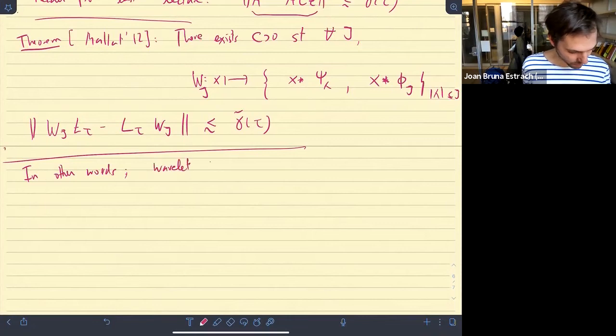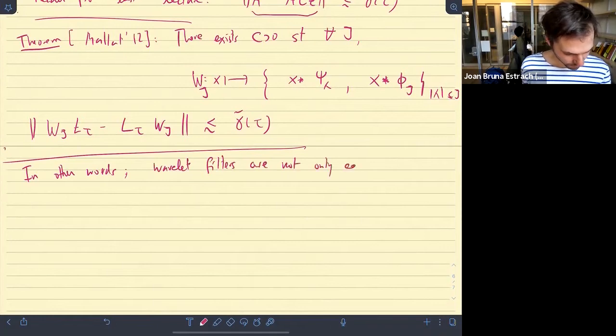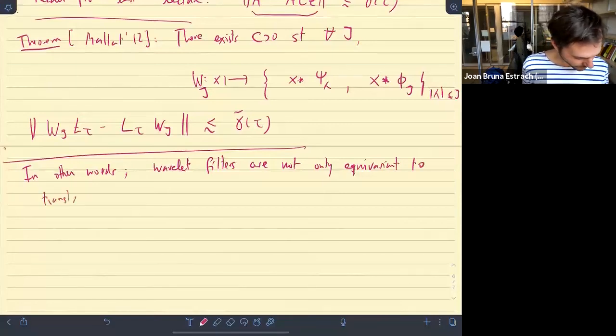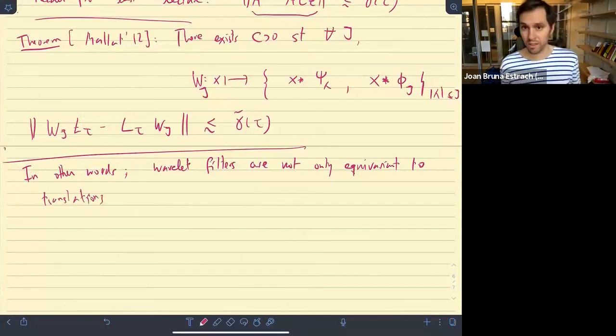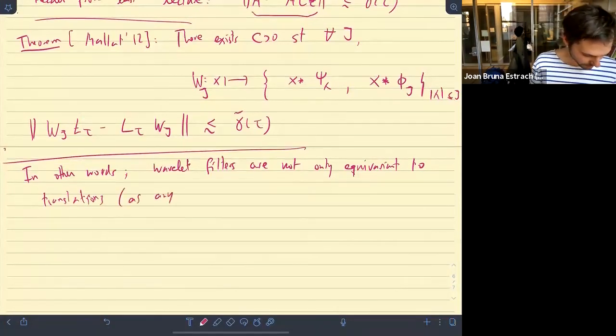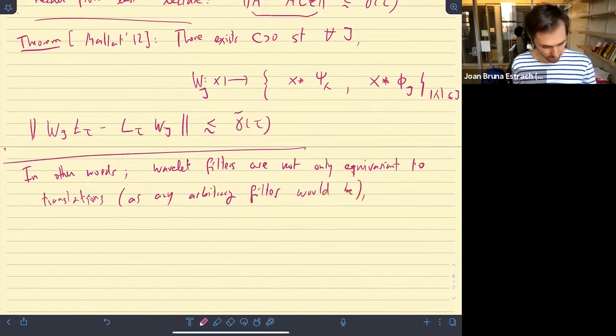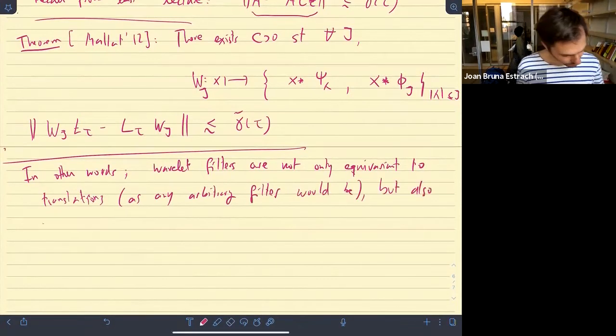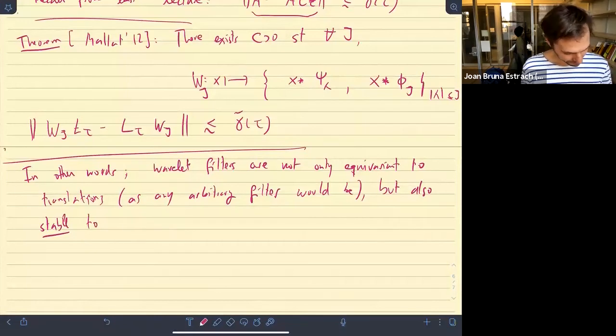Wavelet convolution filters are not only equivariant to translations, which is a trivial property, because just by a convolution you have this property, as with any arbitrary filter, but also stable to near translations.